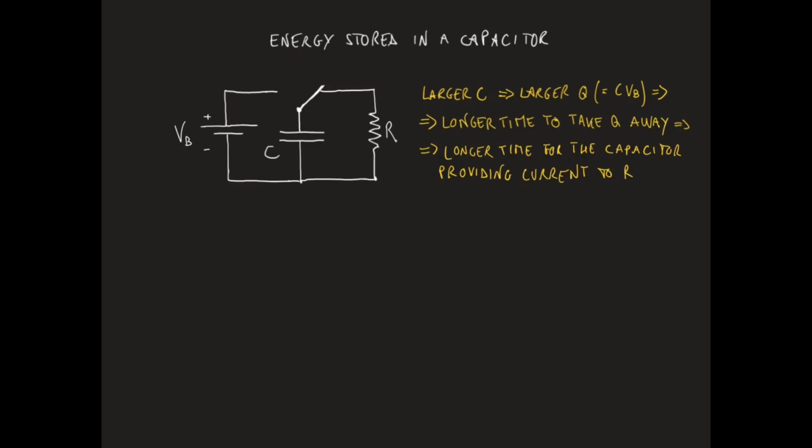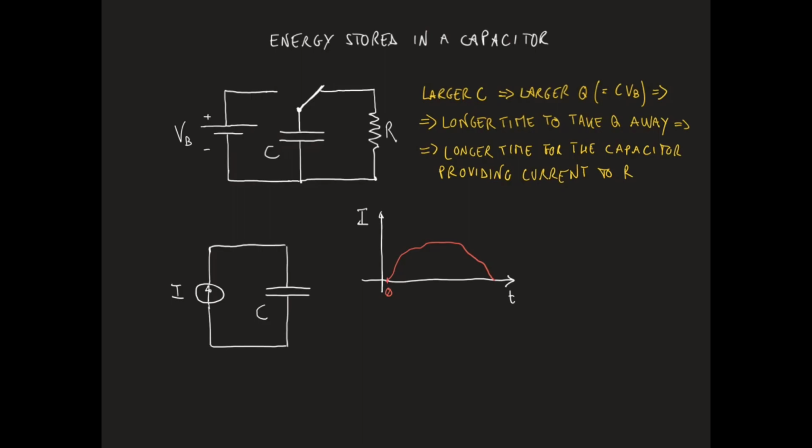We may now wonder how the energy accumulated in a capacitor depends on the capacitance and on the voltage across the capacitor or the charge on the plates of the same capacitor. In order to find this out, let's consider the following circuit consisting of a current source and a capacitor. Let's assume that the current I generated by the current source is non-zero between time t equal to 0 and time t equal to delta t, like in this time diagram.